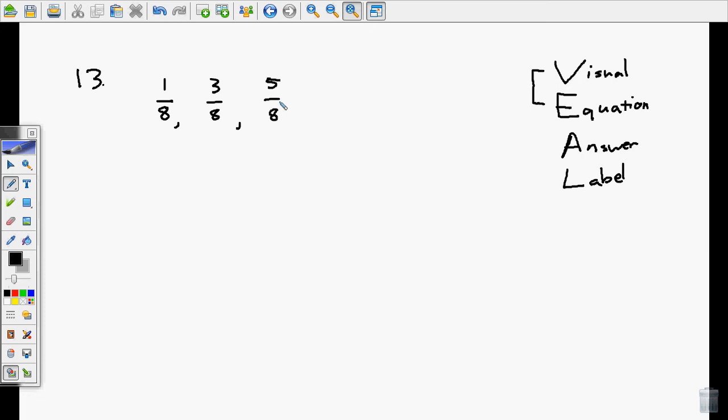Now I'm asking myself for this first question, what is the rule for the distance Kendra hikes each day? In this case, it's quite a simple story problem because there's only one denominator. We don't have to change any of these denominators to be the same. They're already all the same. And I can see from the top, it's going from 1 to 3 to 5.